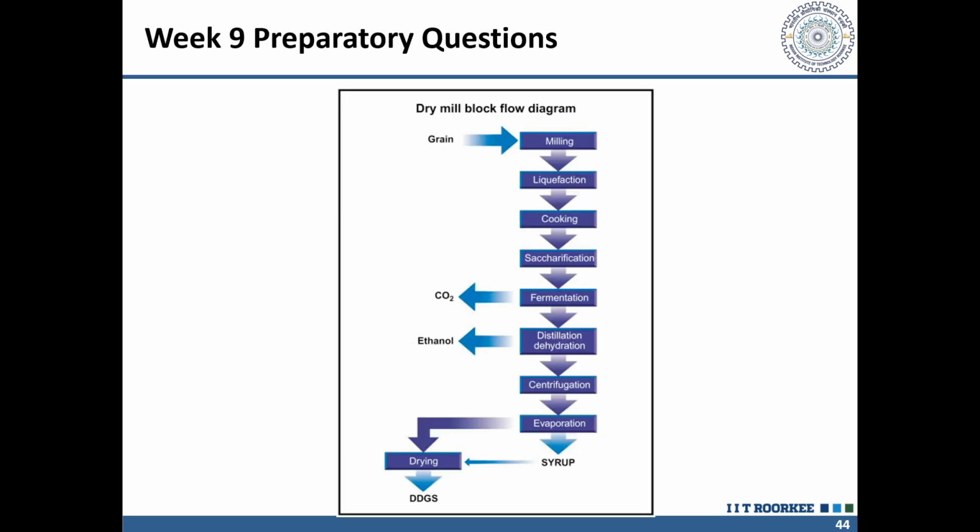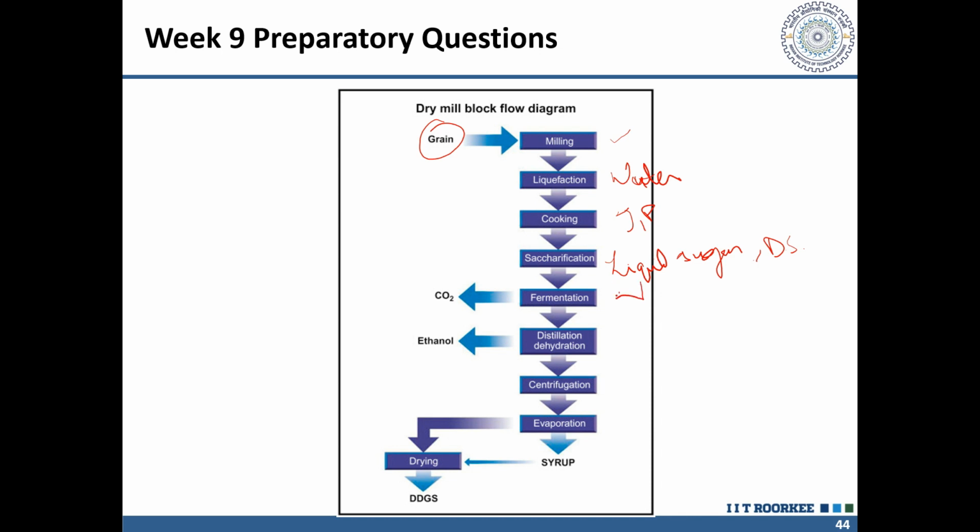So this is a diagram of dry milling in which a grain such as corn is milled and then liquefied, where it is treated with water and then cooked at high temperature and pressure so that we can get liquid sugars, or we can say dissolving grade sugars, which is known as saccharification.